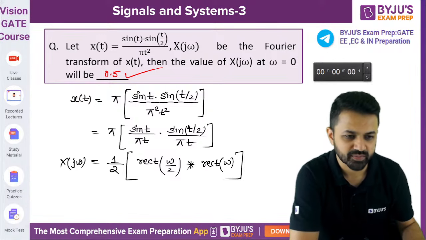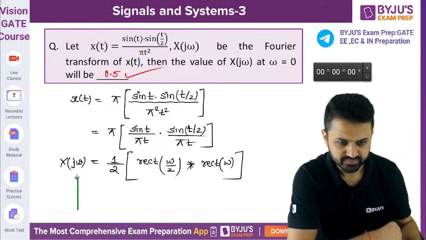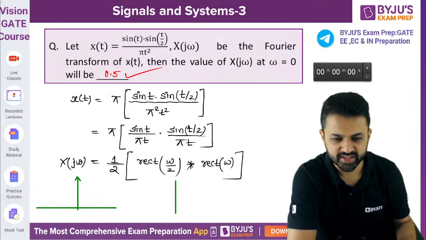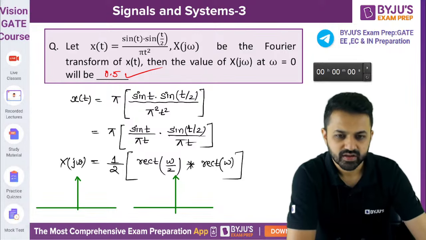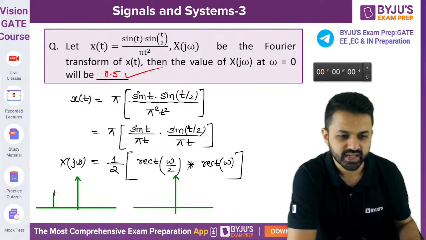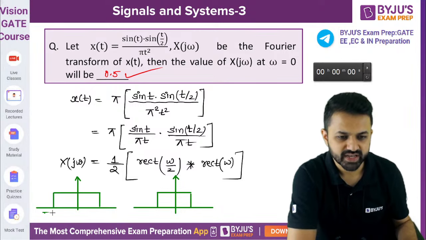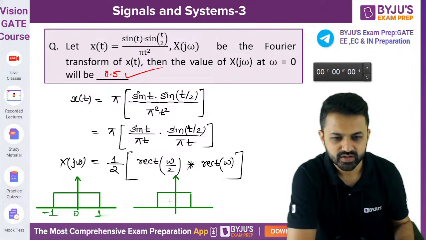So there are two rectangular pulses which you have to convolve. One is having the width 1 and another is having the width 2. Minus 1 to 1, and you can take any one of these as 1 by 2 and another as 1, minus 0.5 to 0.5.